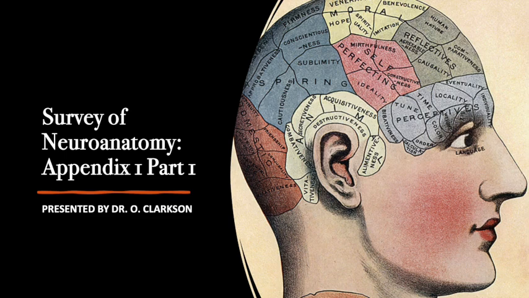Now we actually do map out the brain and the different regions of the brain. We're going to talk about, for example, Broca's area, Wernicke's area, and how different regions of the brain are responsible for different types of function, whether it's speech, memory, facial recognition, vision, sight, all that stuff, right? And so this was a 19th century approach to trying to figure out what the different brain regions were responsible for.